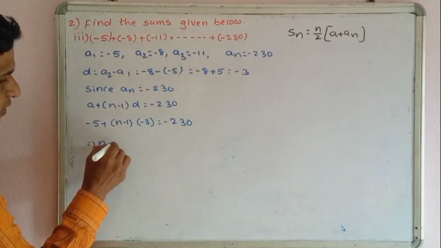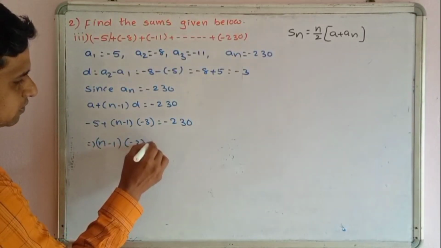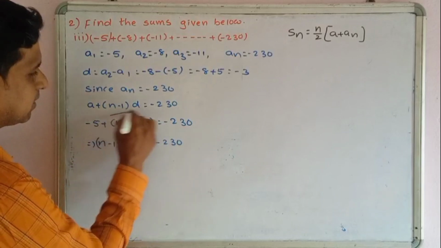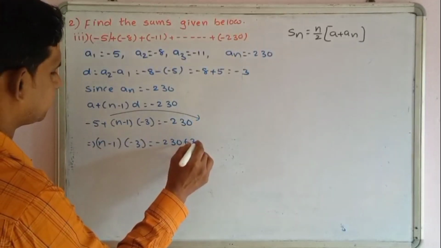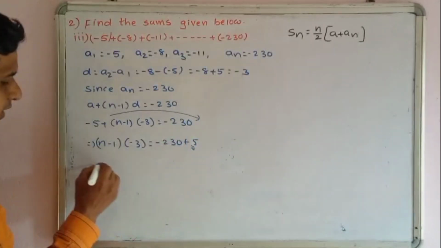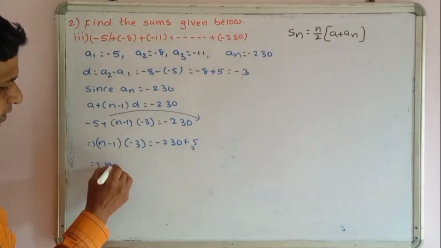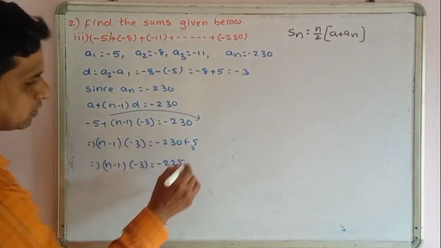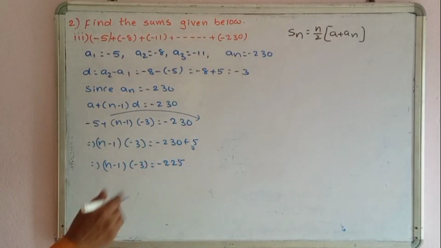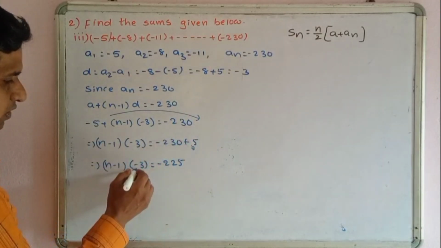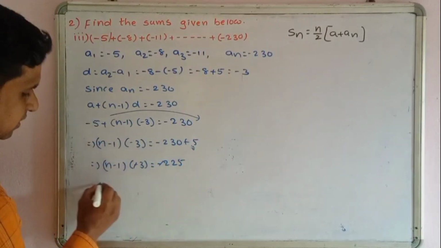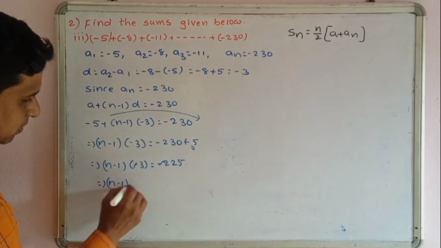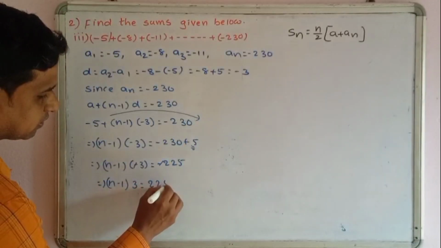So (n minus 1) times minus 3 equals minus 230. Transpose minus 5 to the right side, plus 5. That gives (n minus 1) times minus 3 equals minus 225. Minus 230 plus 5 is minus 225. The negatives cancel, so (n minus 1) into 3 equals 225.